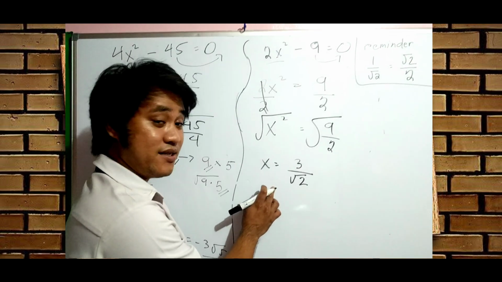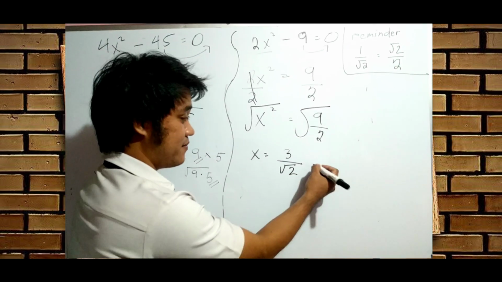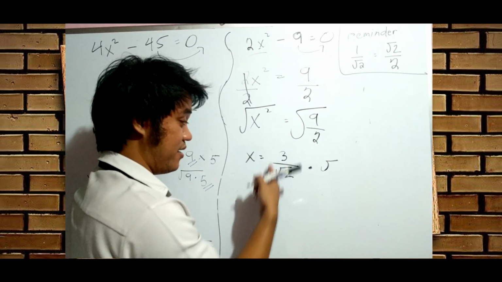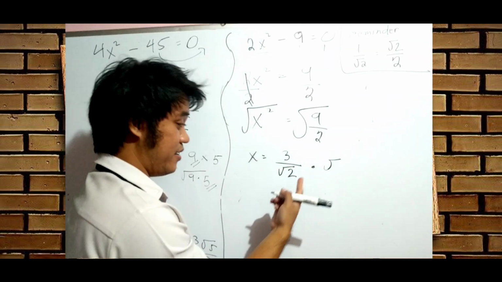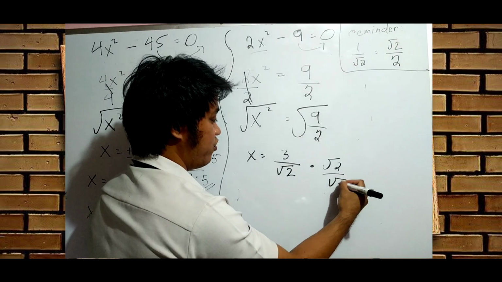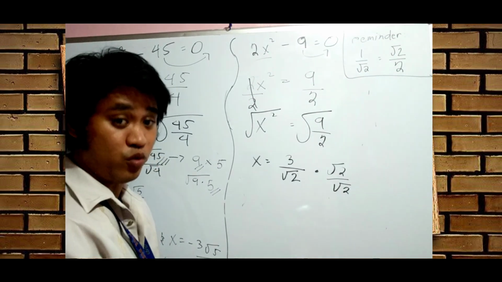To rationalize, multiply the number by its denominator, which is square root of 2.